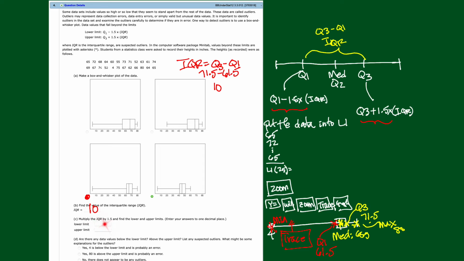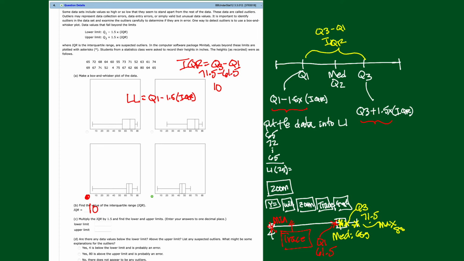Now, next part, part C. Multiply the IQR by 1.5 and find the lower and the upper limits. So take this number 10 and multiply it by 1.5. I'm going to write LL, the lower limit. Go back up to your formula, right here, very top. Lower limit is Q1 minus 1.5 times the IQR.